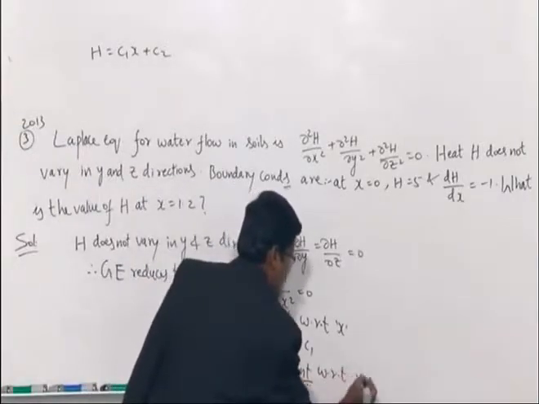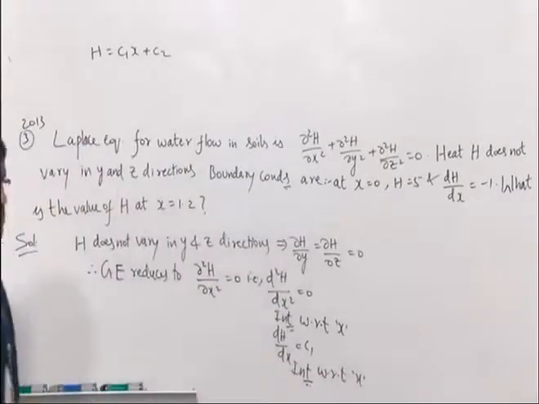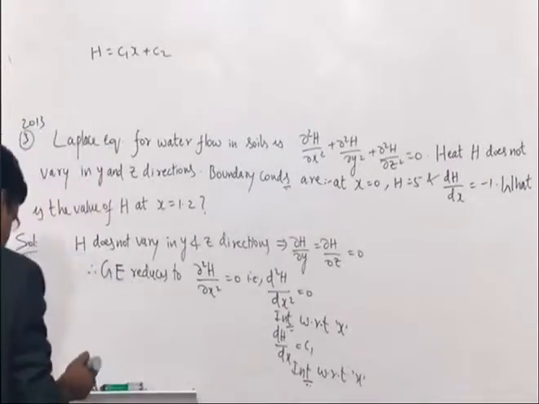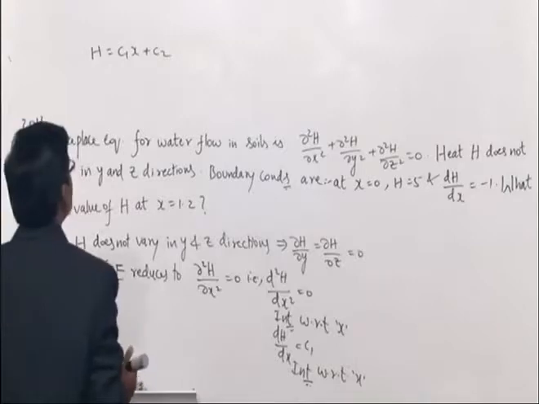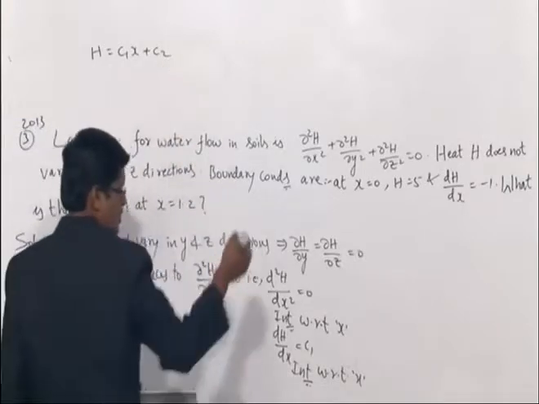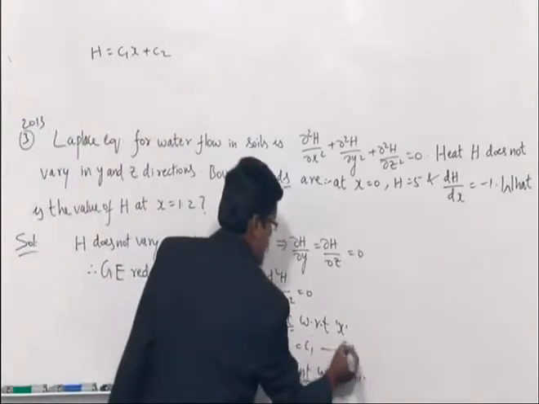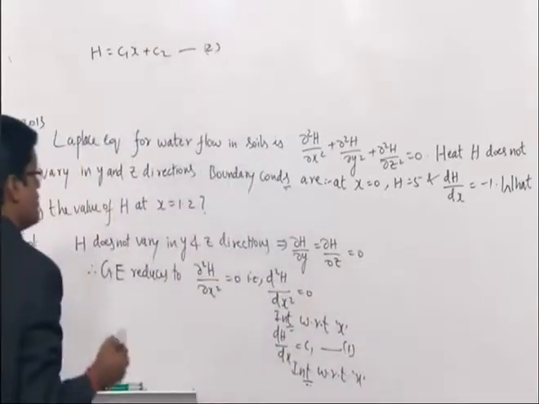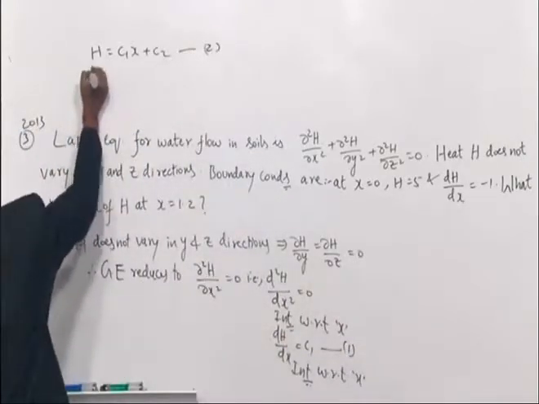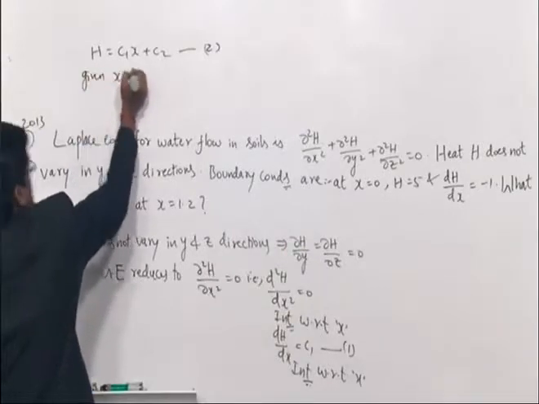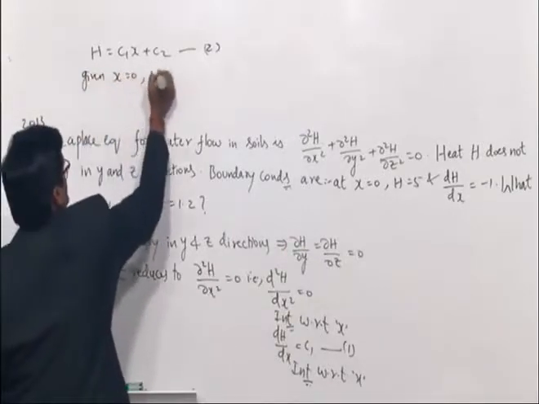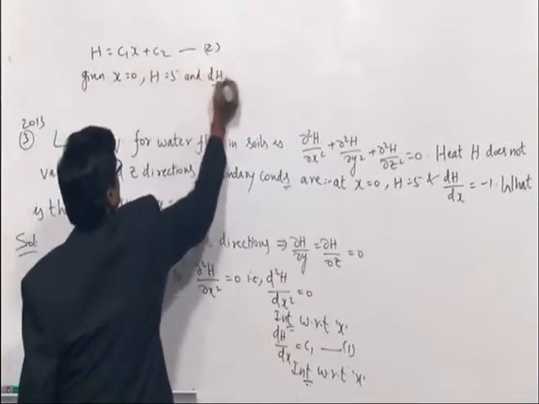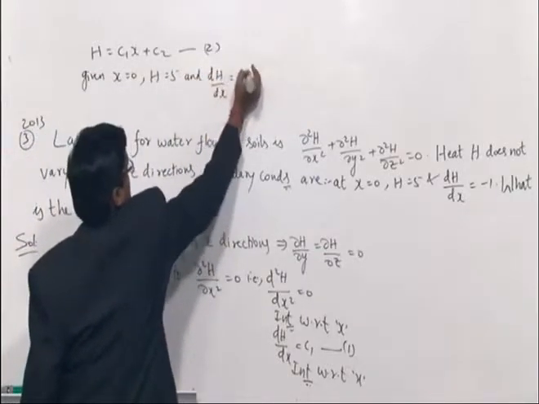The y and z directions need not be written because they are already constant. Let us say these are equation 1 and equation 2. Use the conditions given: x is equal to 0, h is equal to 5, and dh by dx equal to minus 1.